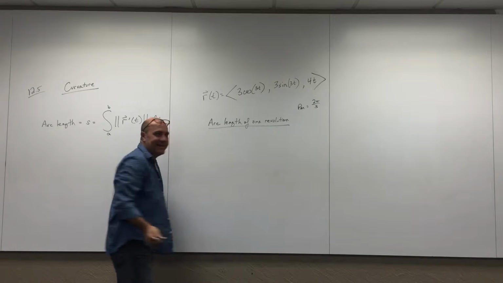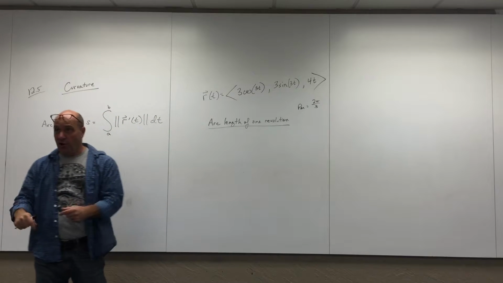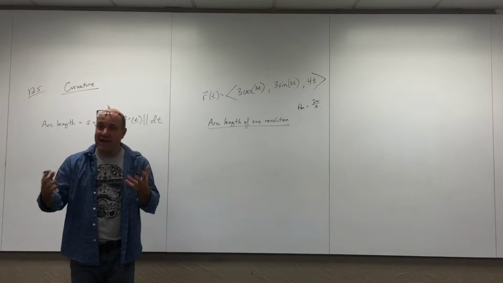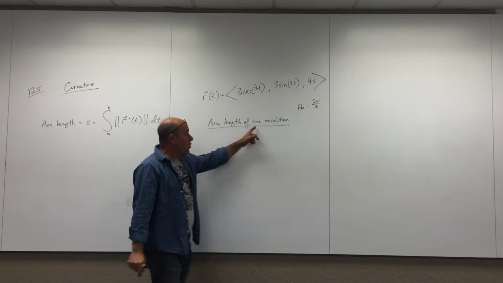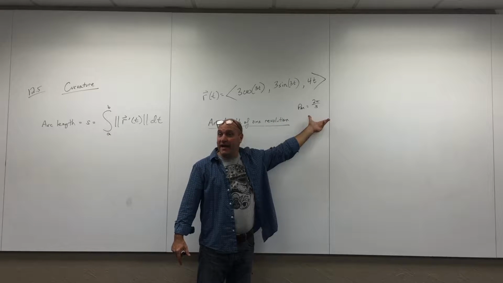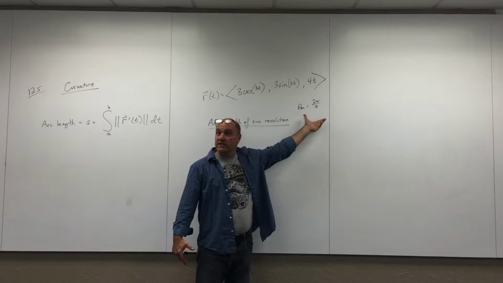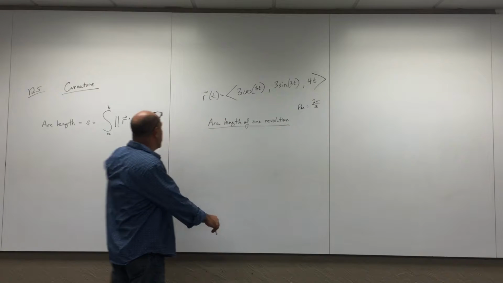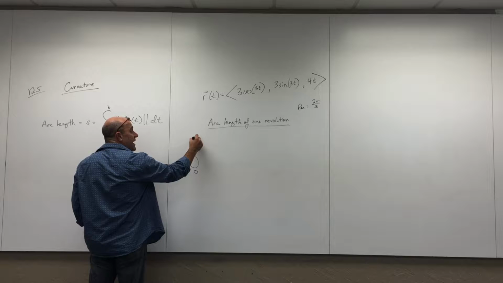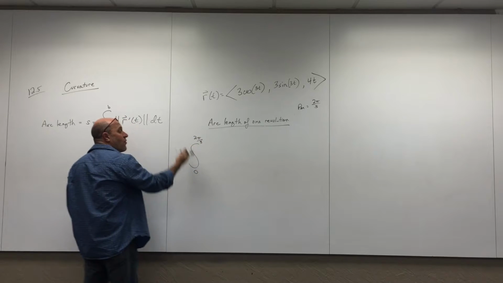When I ask it like that, I'm not telling you the time, like from 0 to 2, or from 0 to 3. I'm asking for one revolution, and then it's up to you to calculate the period and realize that you'll probably integrate this from 0 to 2 pi over 3. Don't you think that'll take care of one revolution?